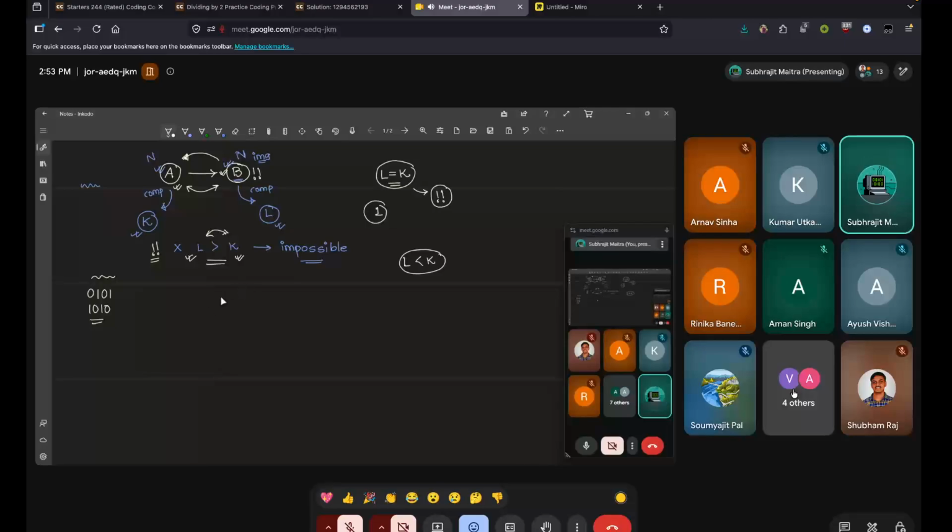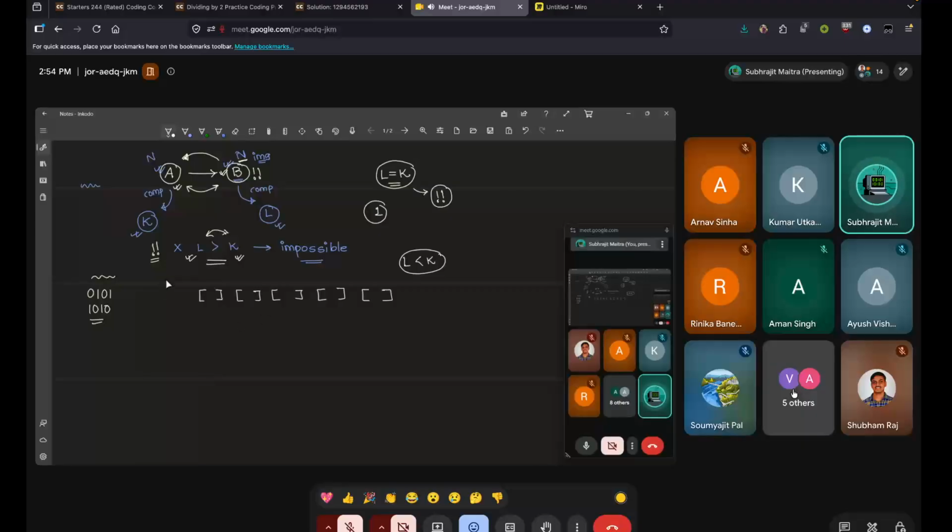Suppose, as we know, the size of B is n. Let me draw something like this. Think of it like a wall, and you need to paint this wall.